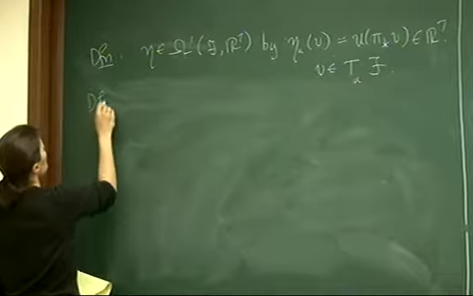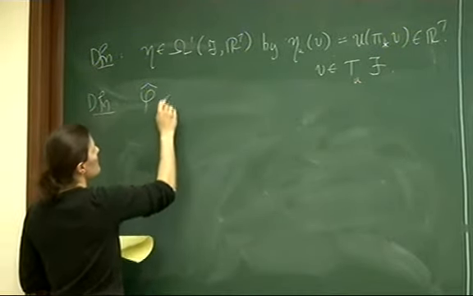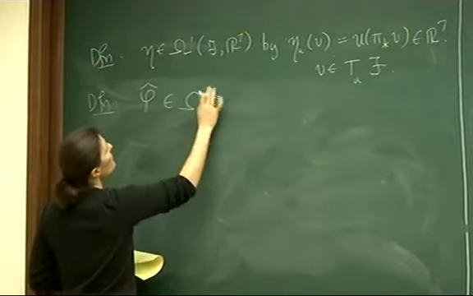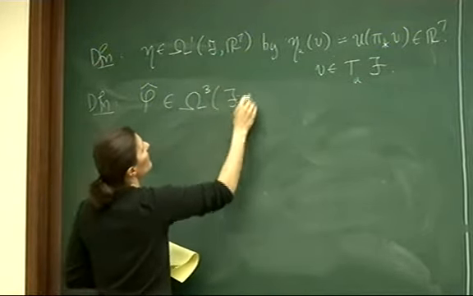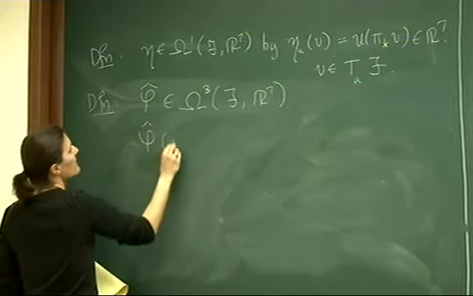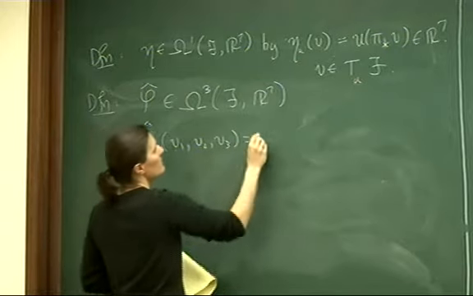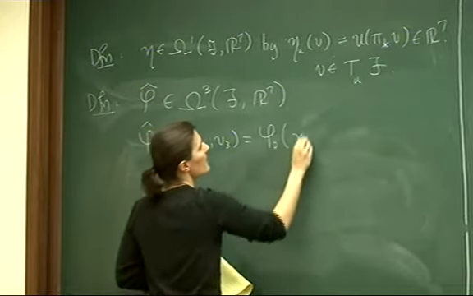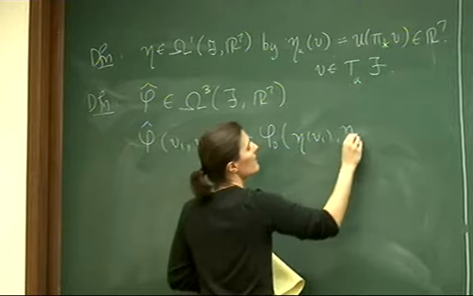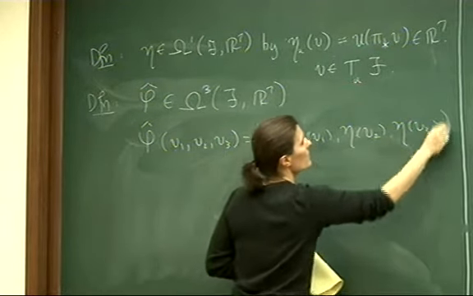And similarly, then define phi hat, which will be a 3 form on the frame bundle, by phi hat V1, V2, V3 to be phi naught eta V1, eta V2, and eta V3.